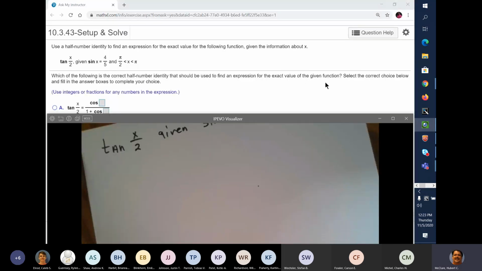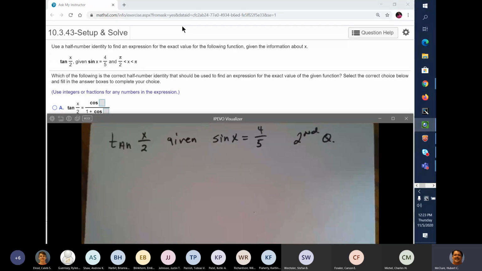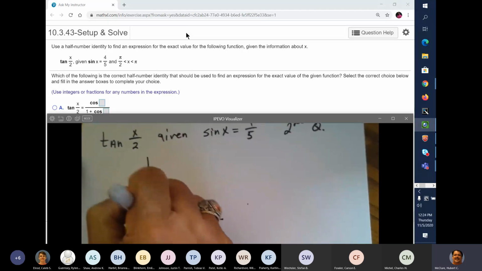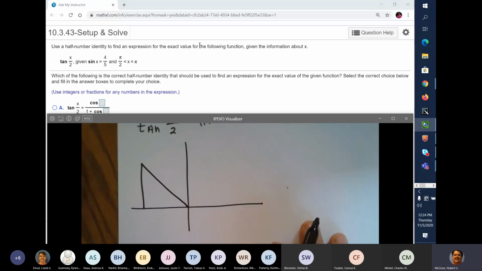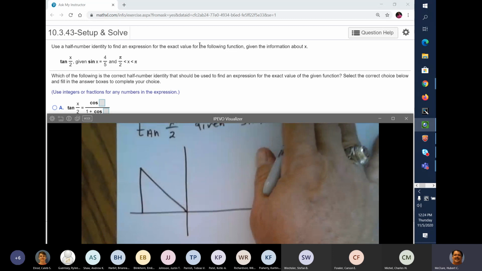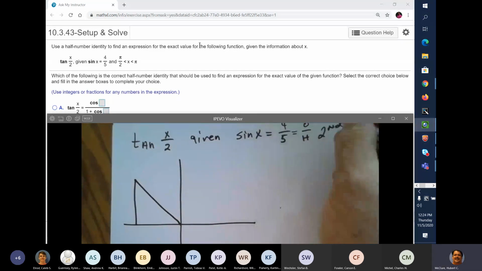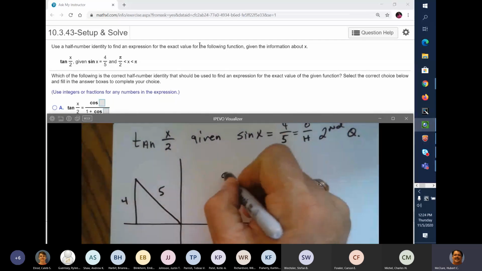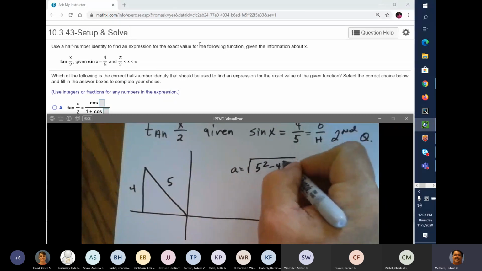And the first thing you're going to do is find yourself. So we know it's in the second quadrant. And we know we got a big triangle. And we know that given the opposite, that means 5 here, 4 here, and we know that A is equal to the square root of 5 squared minus 4 squared.